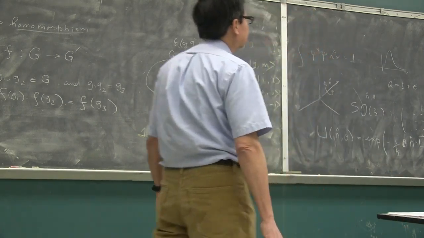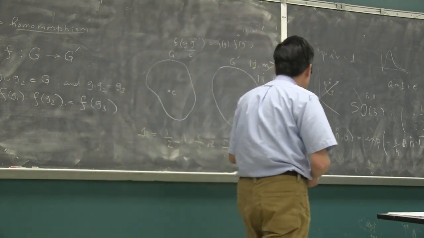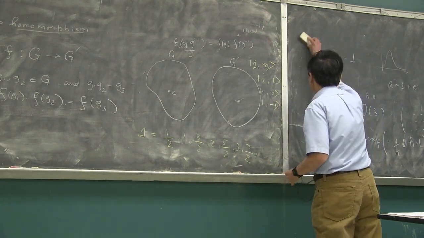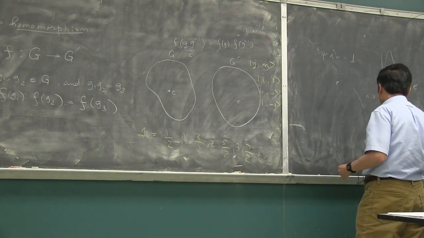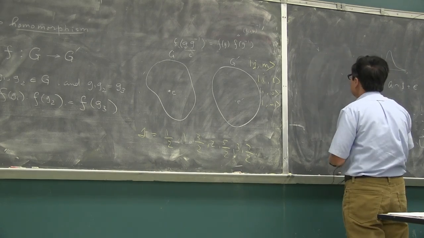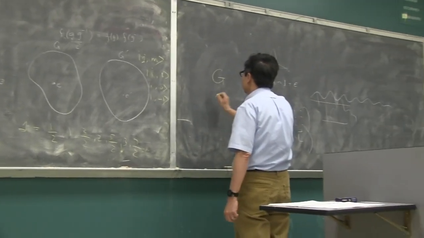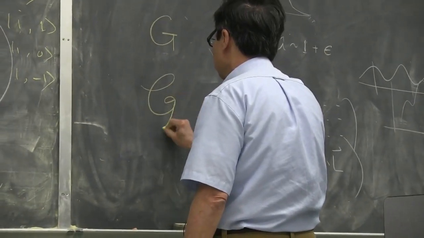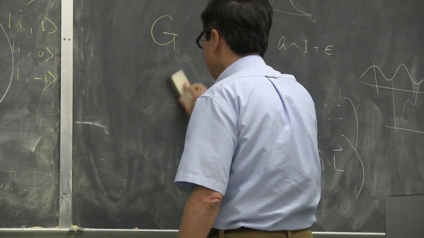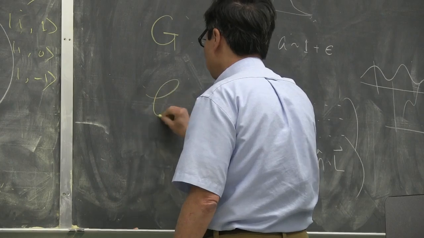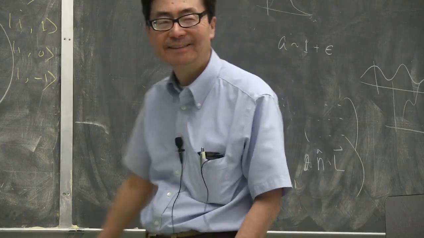In terms of the mathematical notation, and this is followed by physicists also, if a group is written with a regular capital letter like that, then the Lie algebra corresponding to that group is usually written by the corresponding script letter.